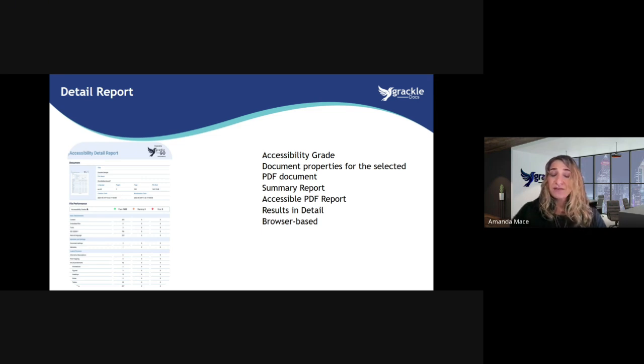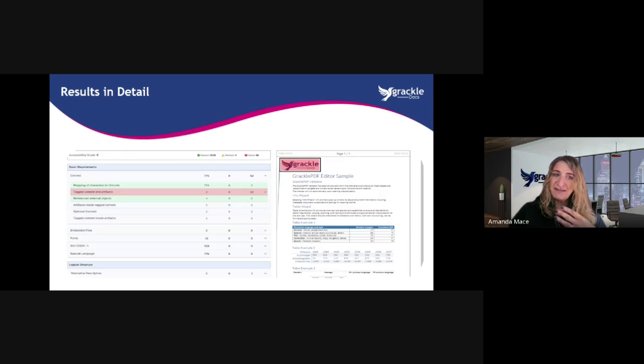But the best part about GrackleGo, in my opinion, is the results in detail. Within GrackleGo, you have the ability to dig deeper beyond that one-pager report that says pass, fail, pass, fail. This gives deeper insight with descriptions of each error. You can expand the error. The tool even highlights the specific location if it's applicable.